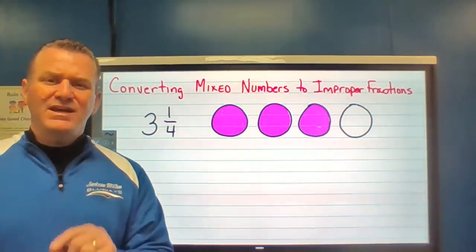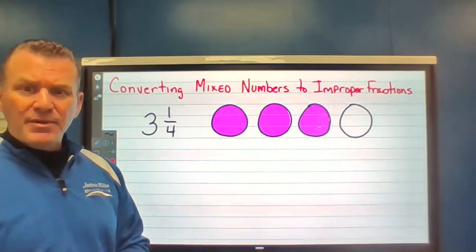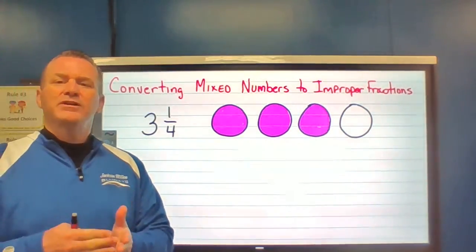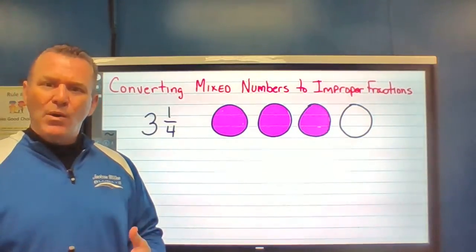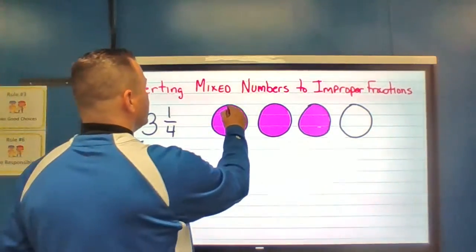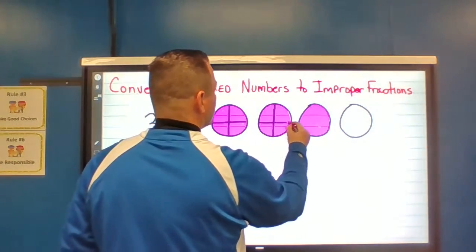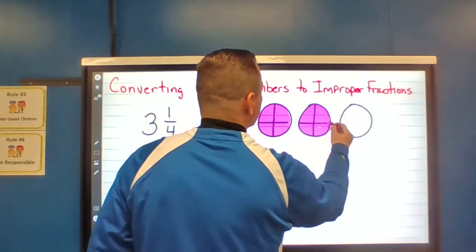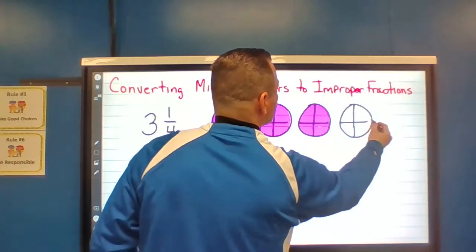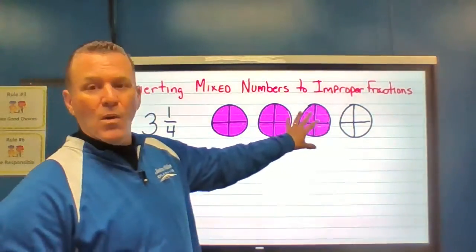Now, what tells me how they're cut into how many pieces is that denominator. As always, that denominator tells me how many pieces my whole pies are cut into. And in this case, they're cut into 4s. So you can see that I have 3 whole pies.